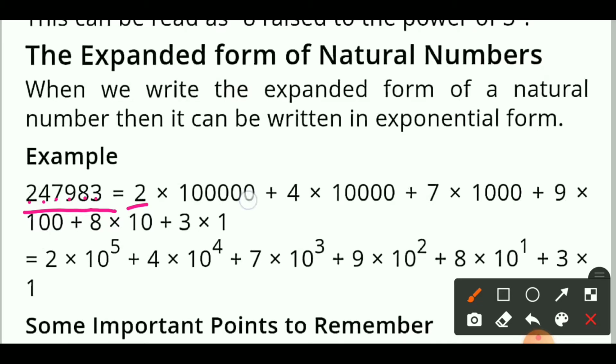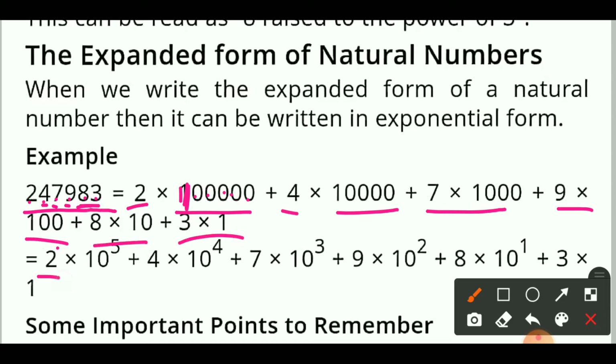So 2 multiplied by 1 followed by 5 zeros, which equals 2 lakhs. 2 into 1 lakh, and then 4 into 10,000, 7 into 1000, 9 into 100, 8 into 10, and 3 into 1.